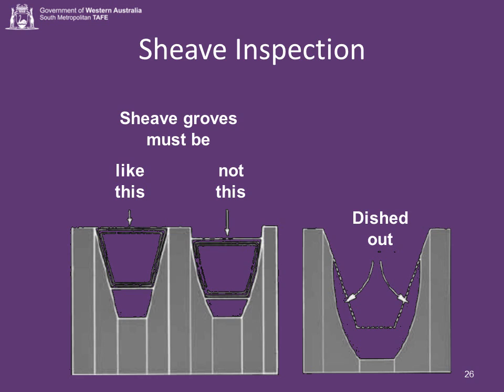All sheave grooves should be smooth and uniform. There should be no burrs and rough spots. Dust, oil and foreign matter must not be present. If the sheave walls are permitted to dish out at the bottom, the belts will be ruined. They'll quickly have their bottoms chewed off, and the belt wedging action is reduced, and so it loses grip and will slip.